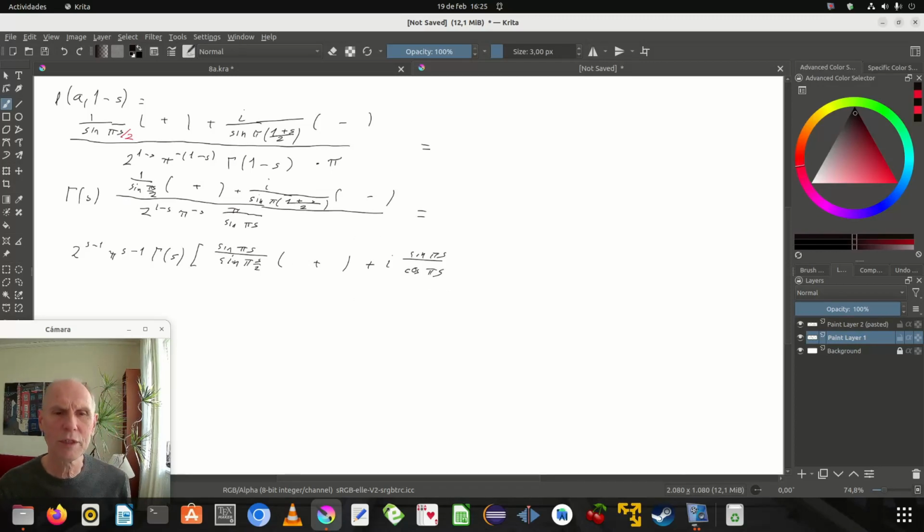And then we use the multiplication formula, the doubling formula for sine.